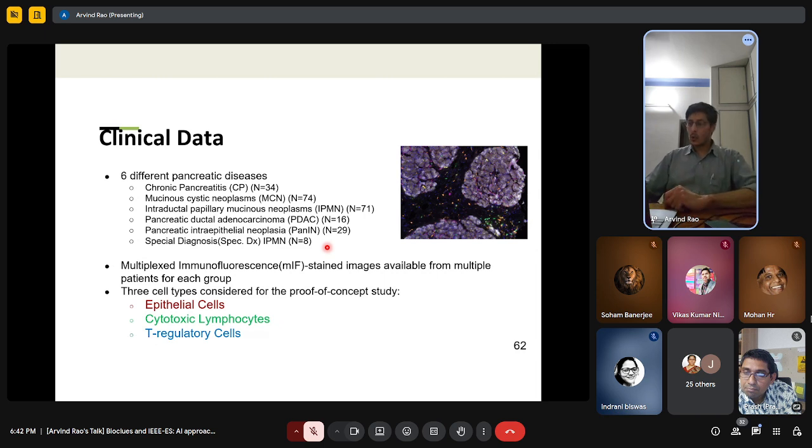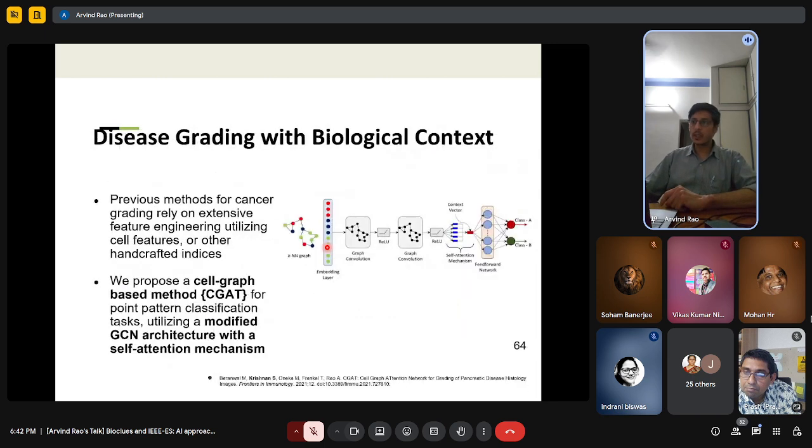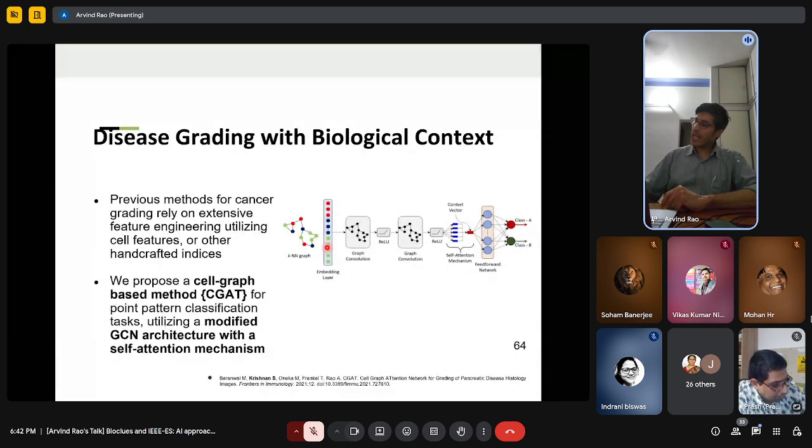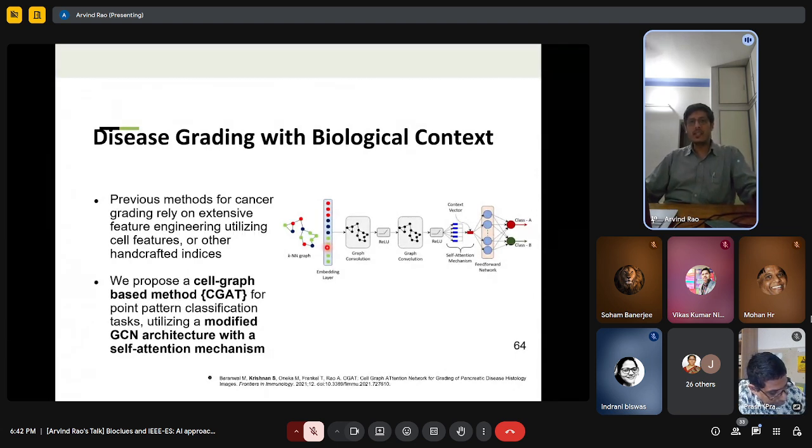Okay, so we take this and we look at these images and say, what can we do? Long story short, you can design a graph-based neural network to be able to classify these images into different categories. And that's not a surprise, right? Frankly speaking, deep learning is supposed to do well in classification tasks. But what can deep learning do that we couldn't have done otherwise? So we inserted what is called a self-attention layer into this graph neural network.